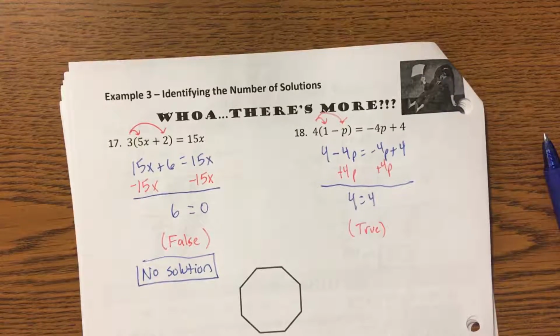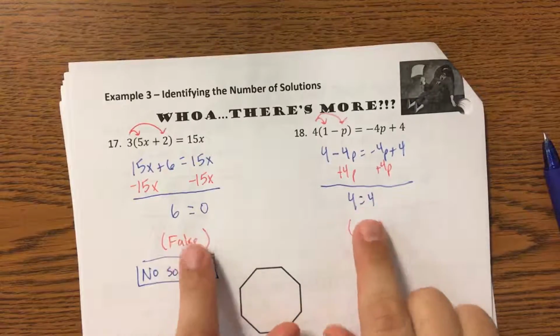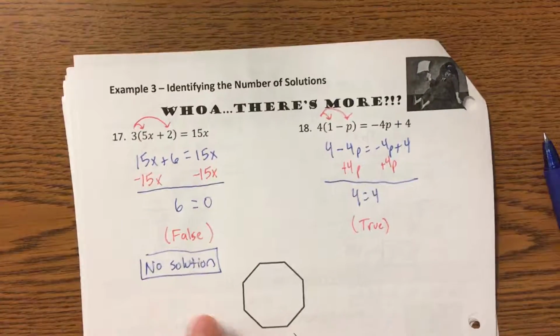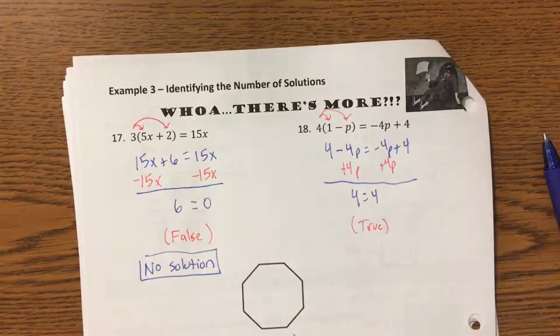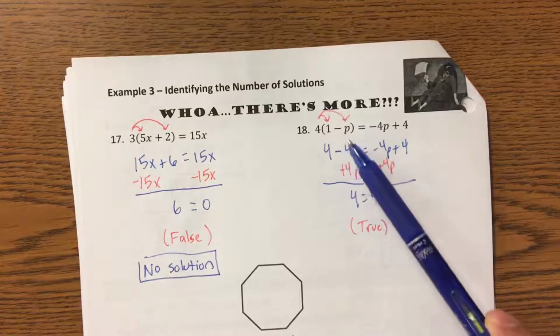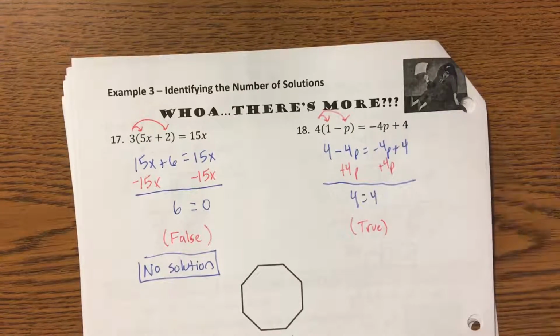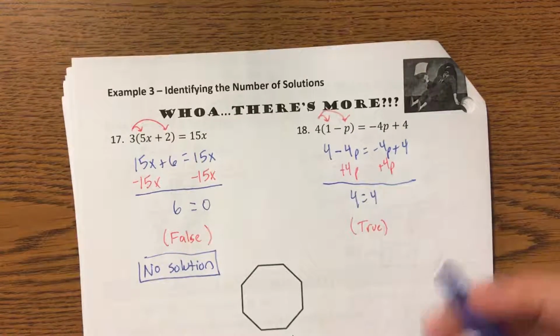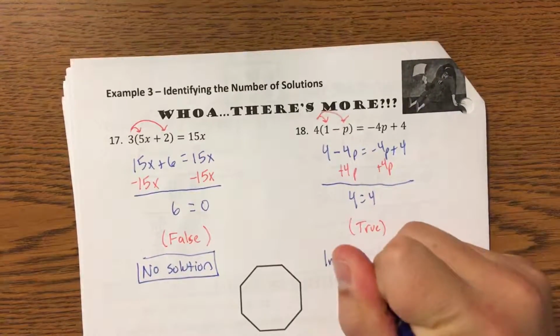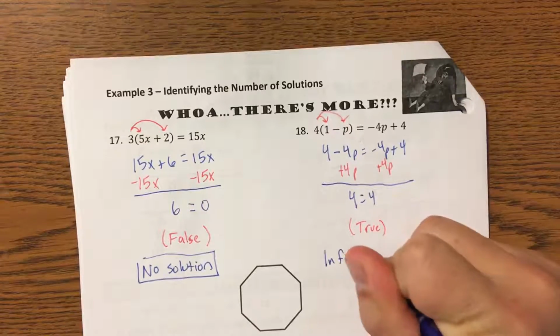Like x equals some specific number. These two cases are special cases where you either end up with no answer or everything is an answer. Everything will work. So if you get a true statement, you say that there are infinitely many solutions.